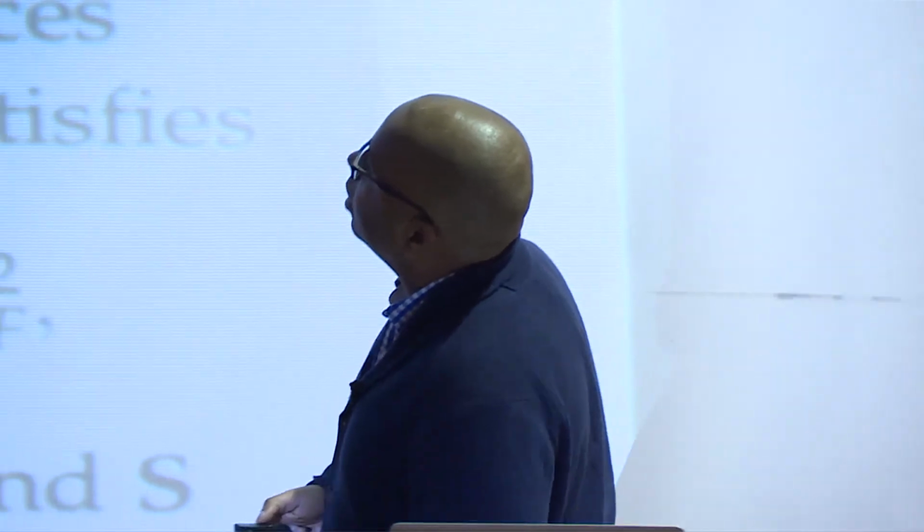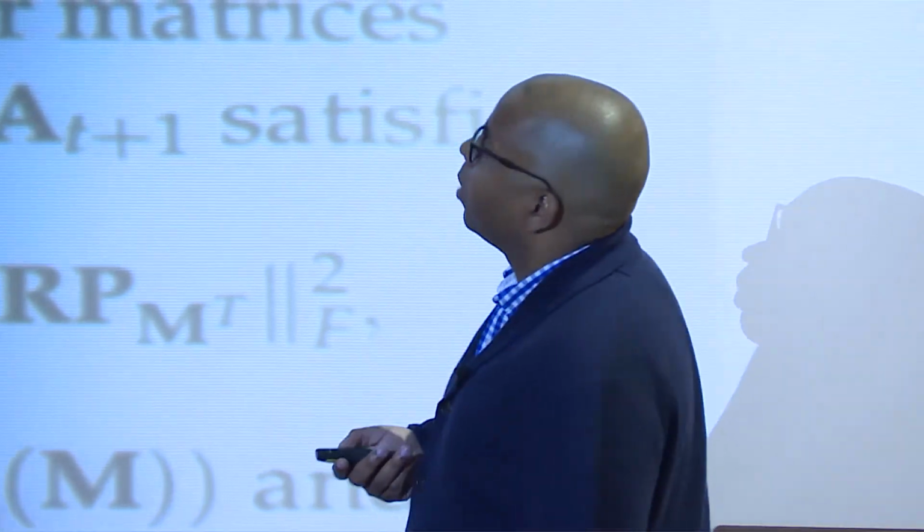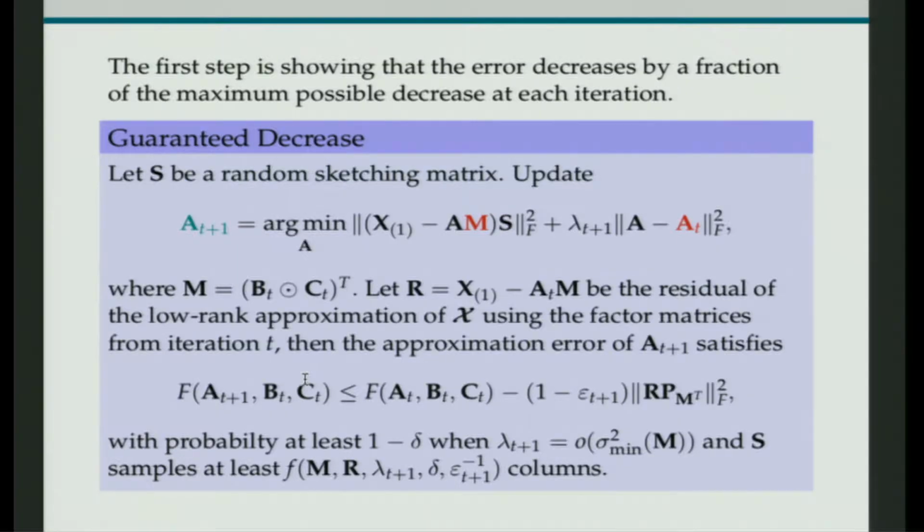Okay, so the first step is showing that the error decreases by a fraction of the maximal possible decrease at each iteration. So the question you can ask is, what is the maximum possible decrease at each iteration? Okay, well, at each iteration, we're looking at our system matrix M, and we're asking how can we modify A to best approximate X, okay? And the modification that we're making to A is we're just adding some shift to it.